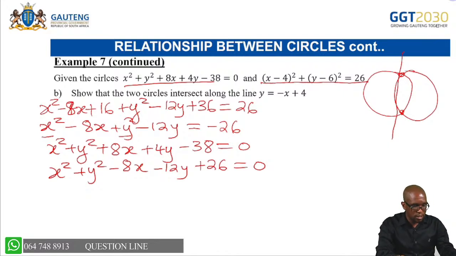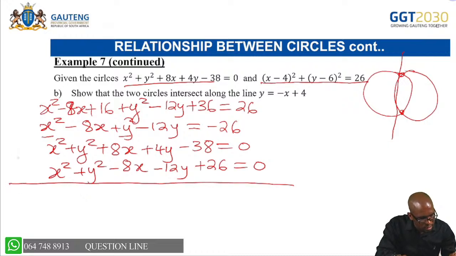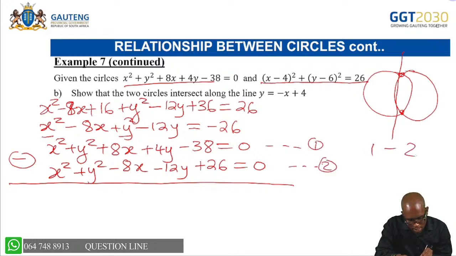Now, by using elimination, I can subtract equation 2 from equation 1. I can say 1 minus 2. If I have equation 1 minus 2, the x squared and the x squared give 0, the y squared and the y squared give 0.